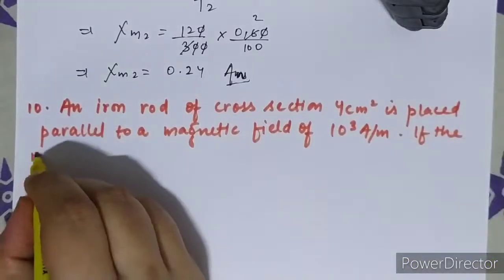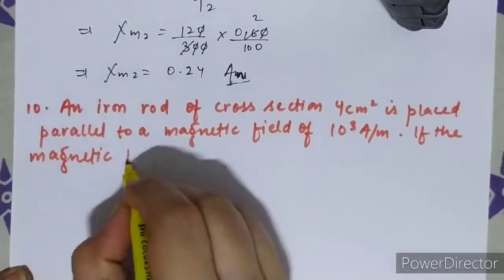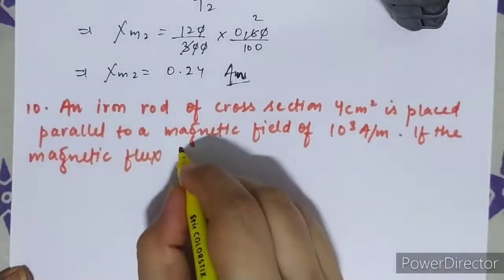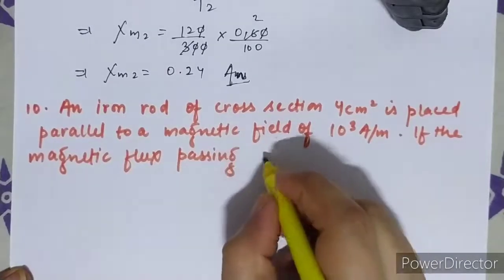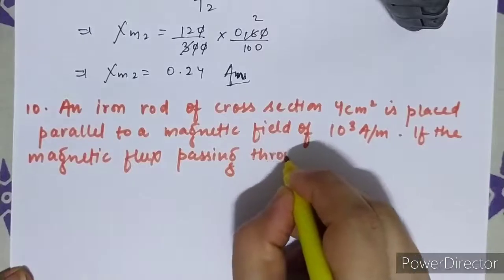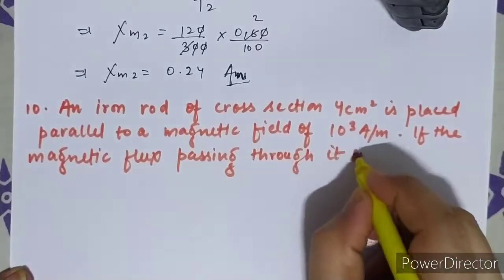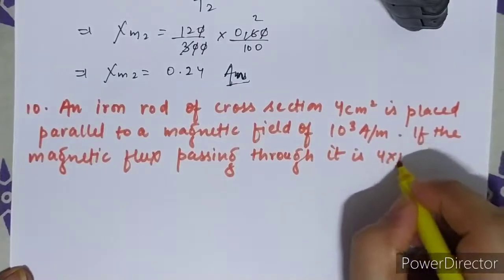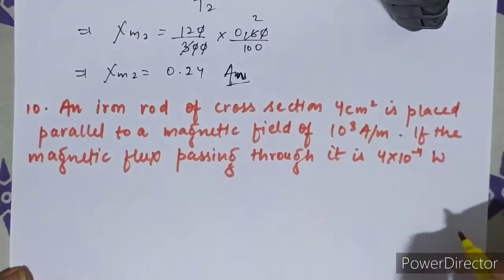If the magnetic flux passing through it is 4 into 10 to the power minus 4 Weber.